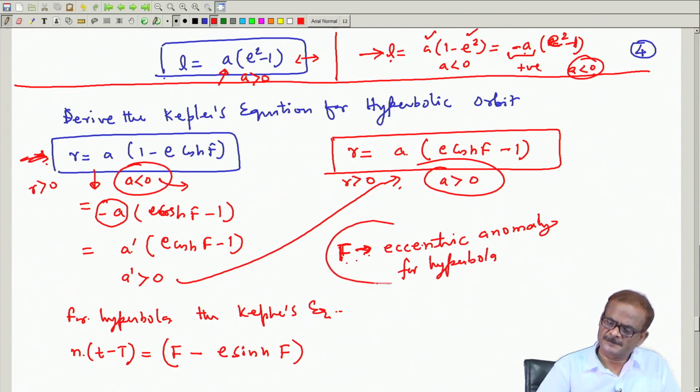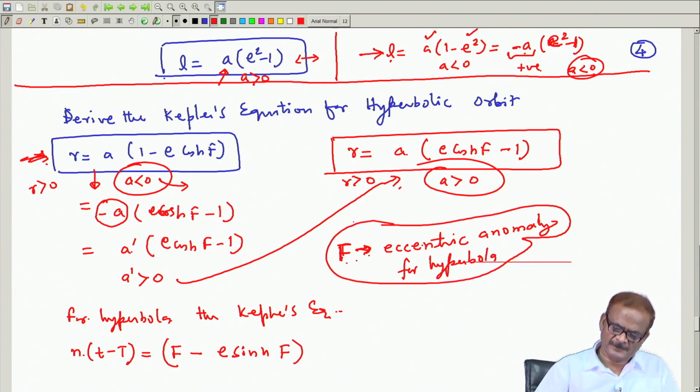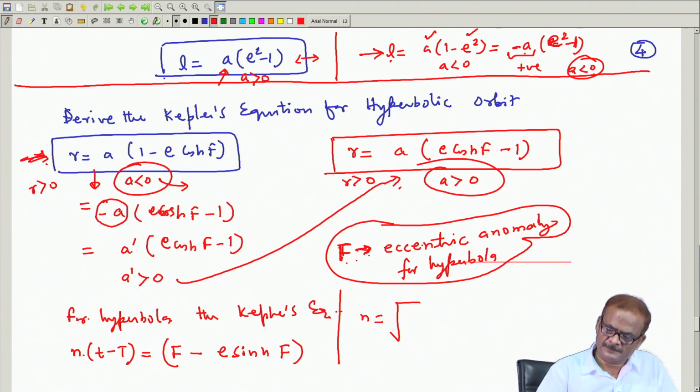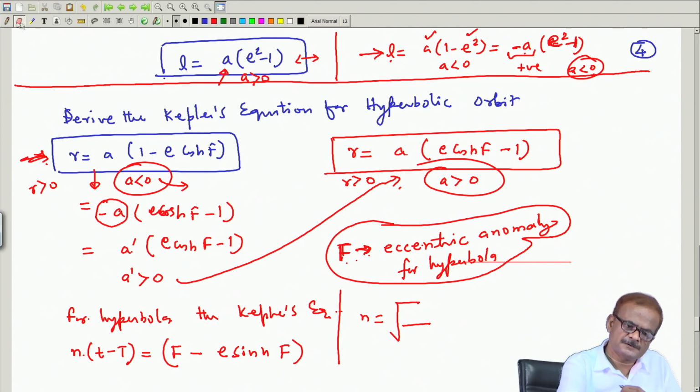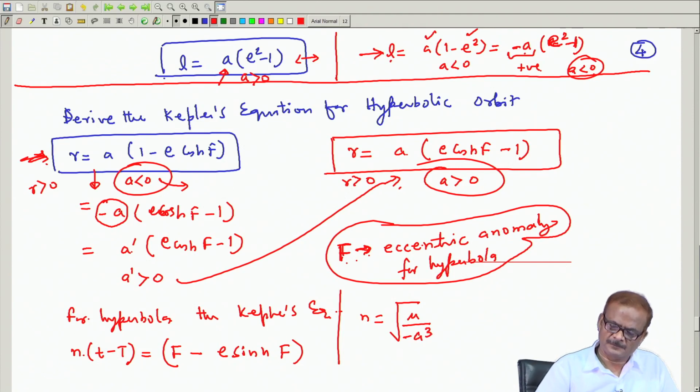What this quantity is right now, do not worry, we will take up this issue later on. Here the quantity n is the square root of mu by minus a cubed.